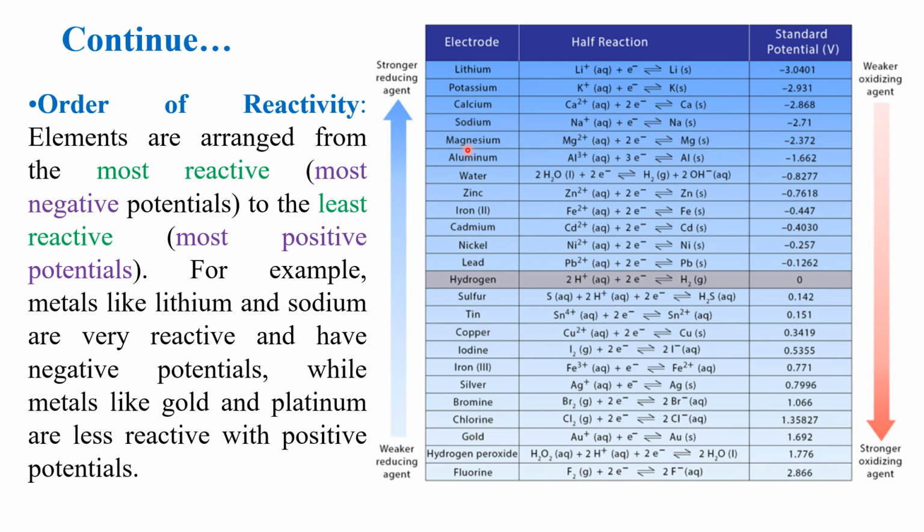For example, the metal like potassium and sodium, they are highly reactive and they have negative potential values, while the elements like silver and gold, they have positive value of reduction potential. So the negative potential means they are highly reactive and the positive potential means they are less reactive. So the reactivity of elements can easily be judged from their reduction potential values.